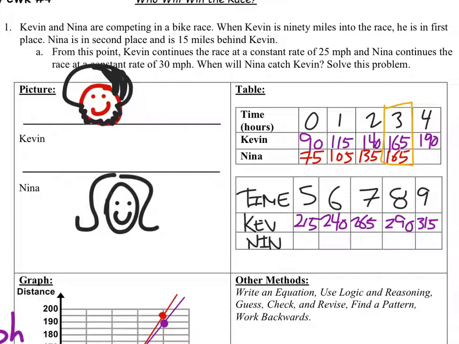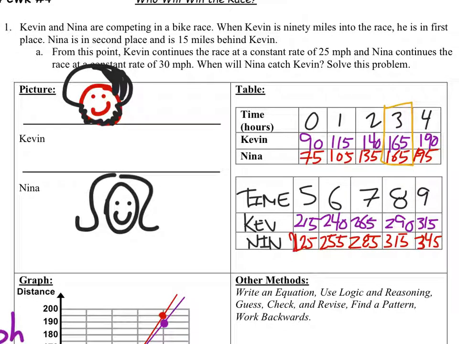So add another 30, 195. Plus another 30, 225. Plus another, 255. 285. 315, and then 345. They do match up at 3 hours.